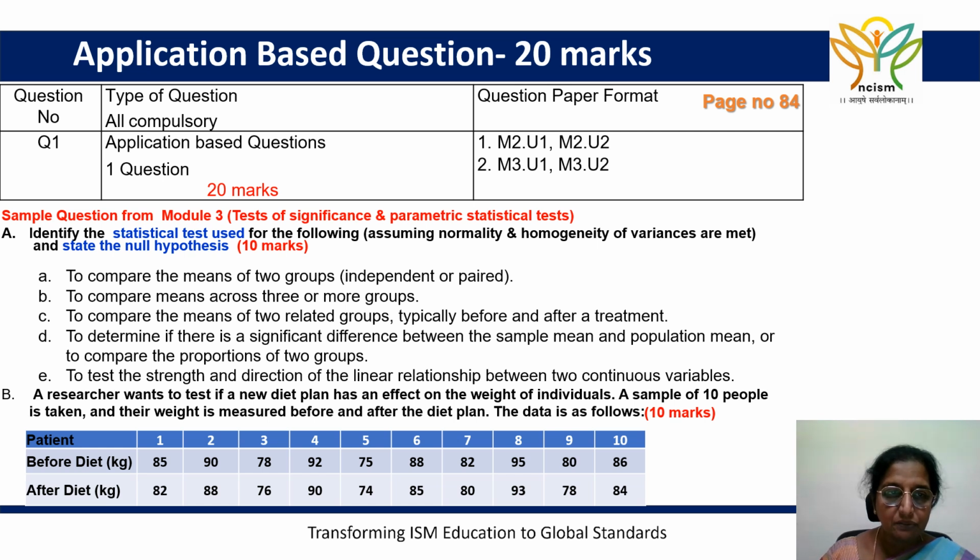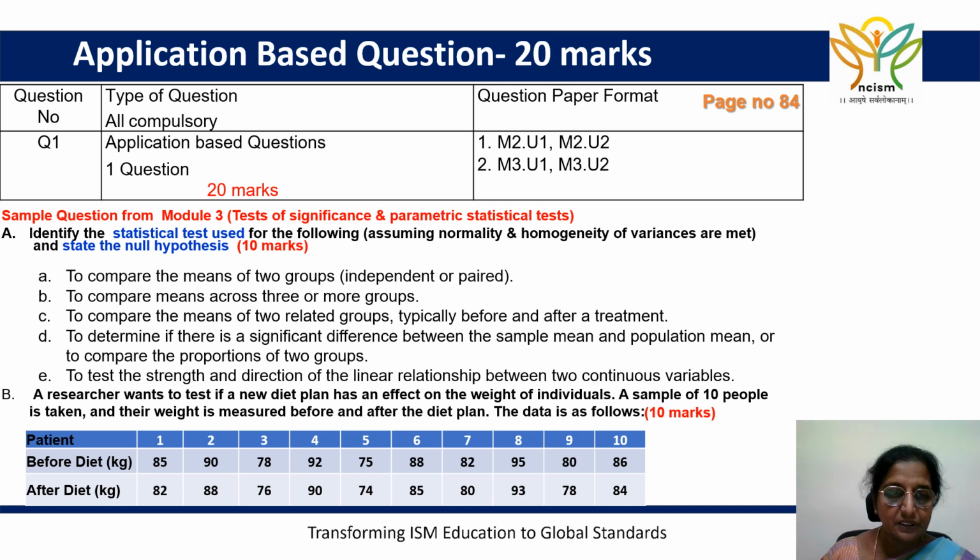The A part of the question is: identify the statistical test used for the following, assuming normality and homogeneity of variances are met, and state the null hypothesis, which carries 10 marks, and there are 5 subdivisions, or a set of 5 questions, asked below.